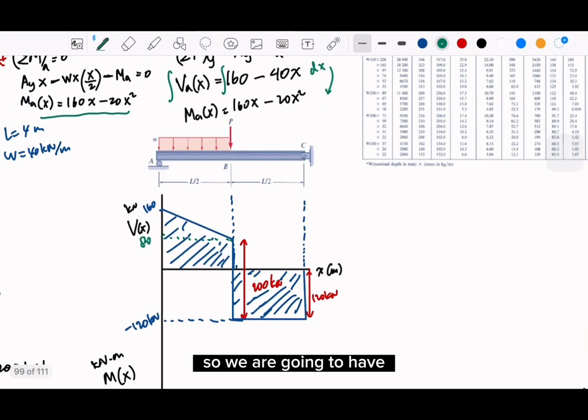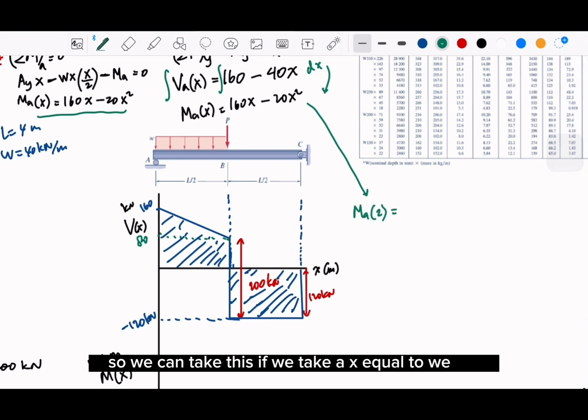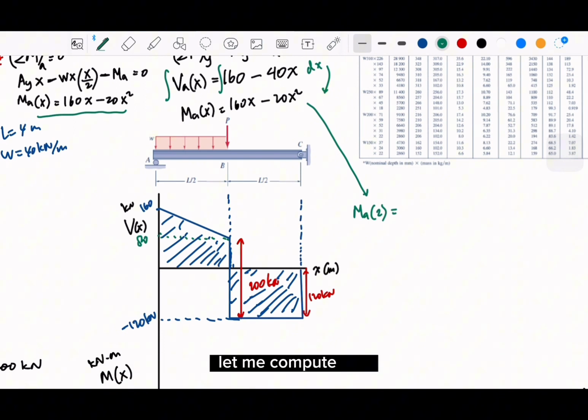So we are going to have a quadratic equation. If we take x equal to 2, let me compute first, it's 240.